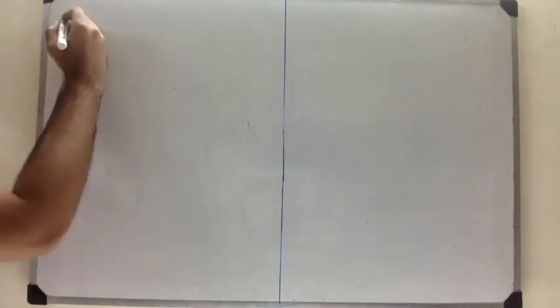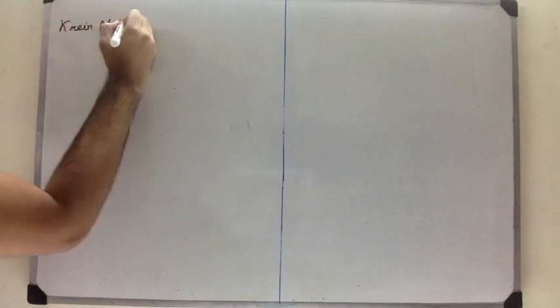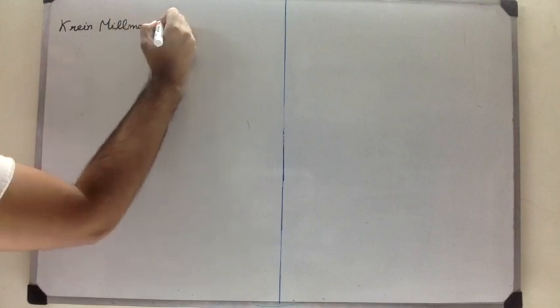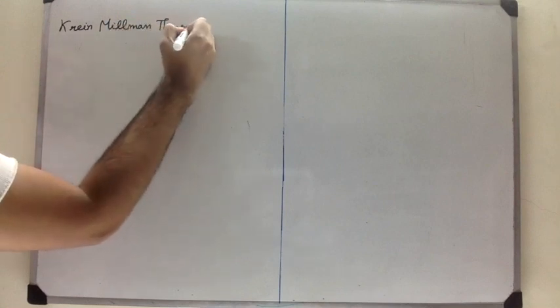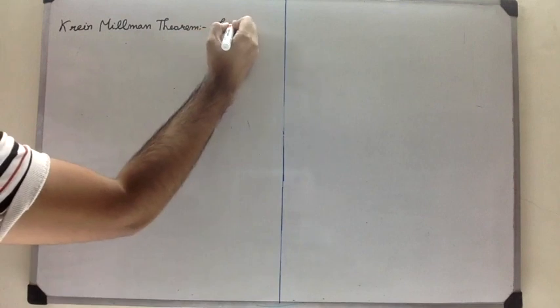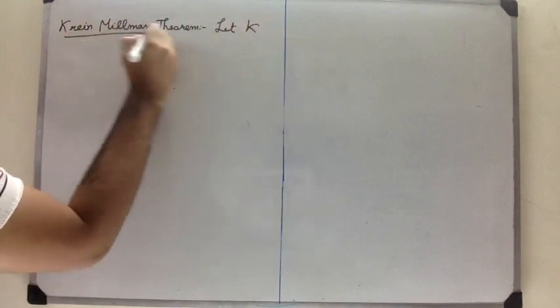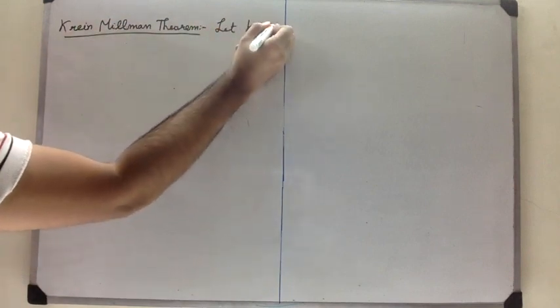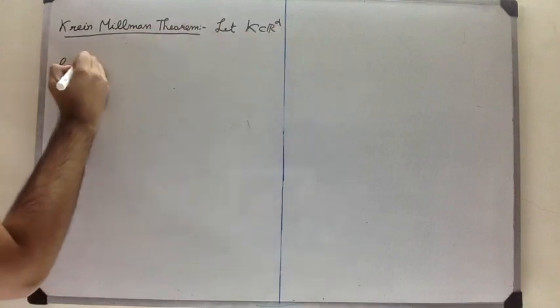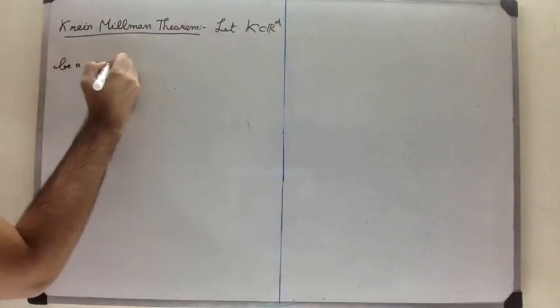We will now state and prove the very interesting Krein-Milman theorem. Let K subset of R^d be a compact convex set.